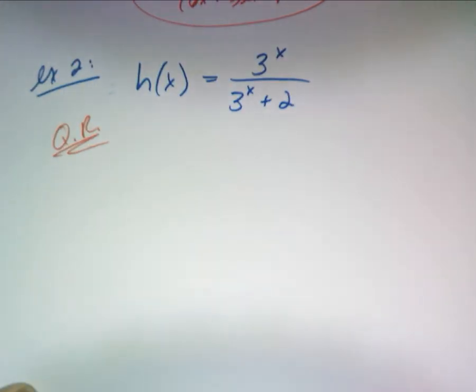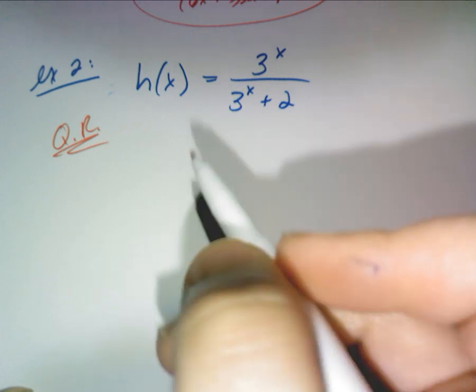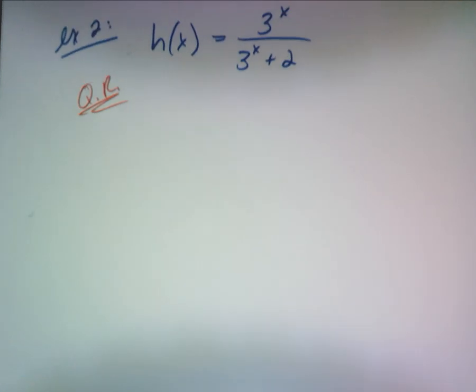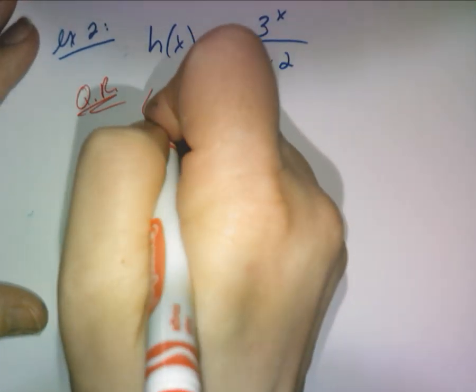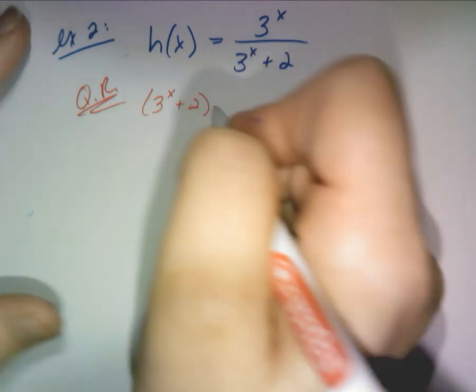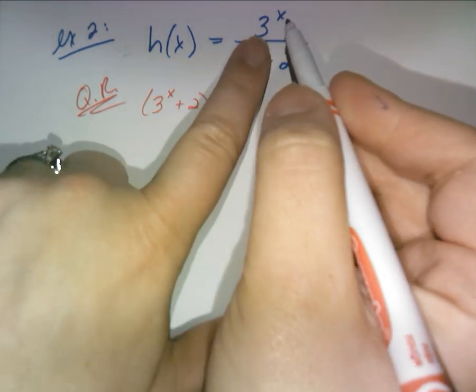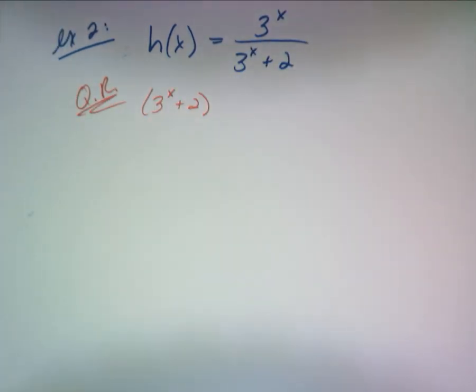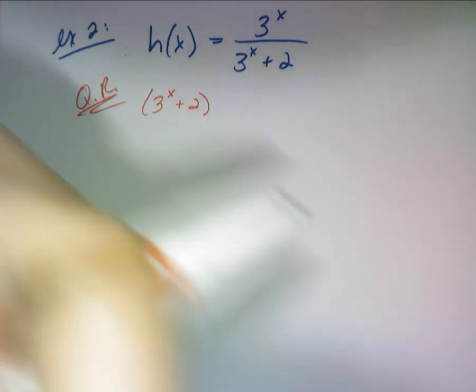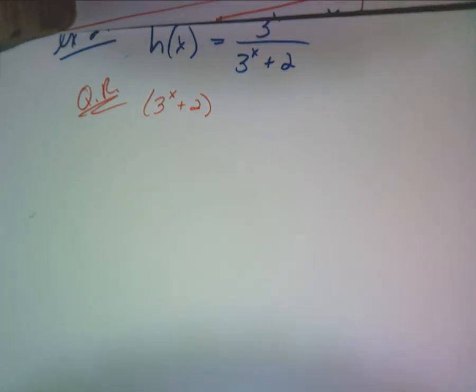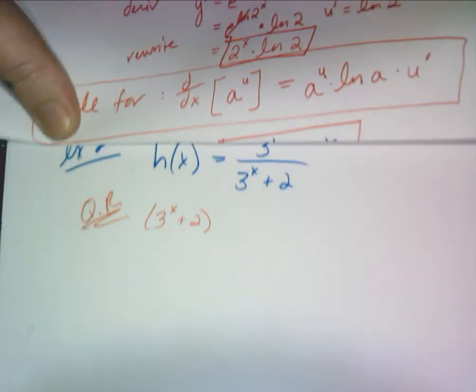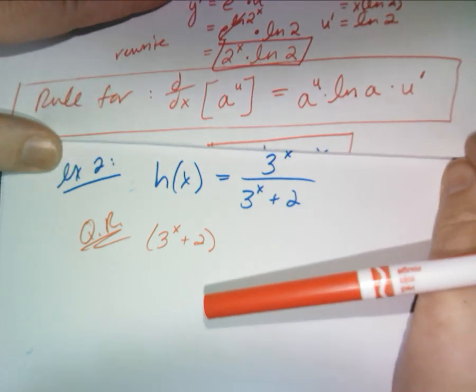So the quotient rule says denominator, 3 to the x plus 2, times the derivative of the numerator. Let's go to this rule now. Let me bring it up so you can all see it.